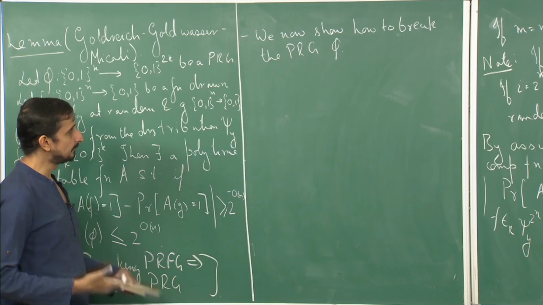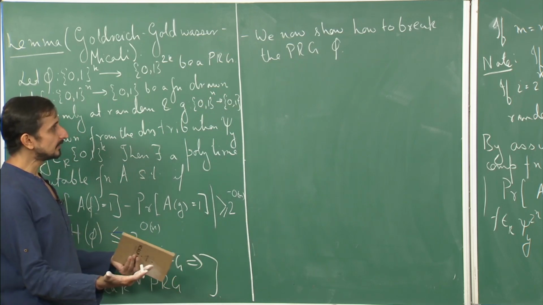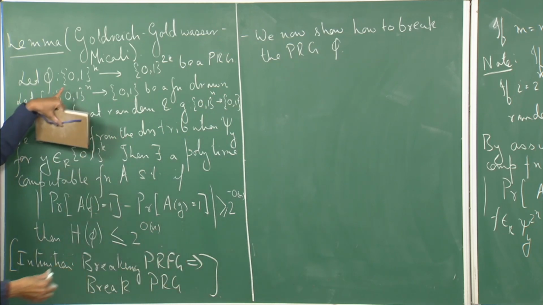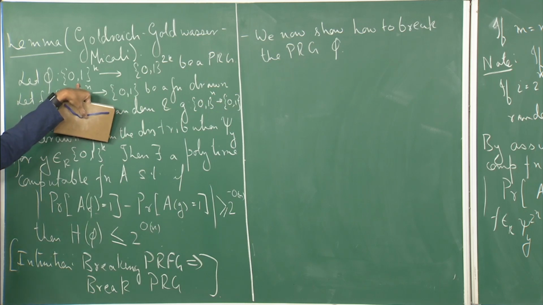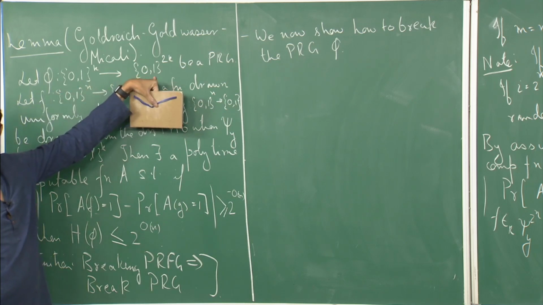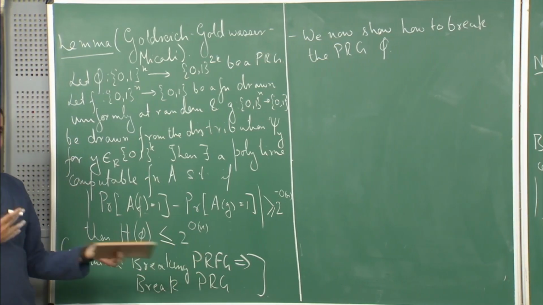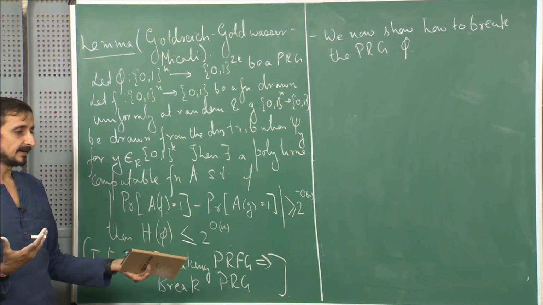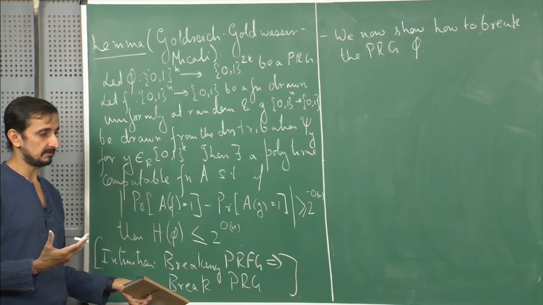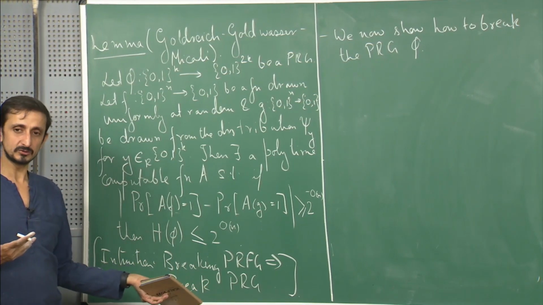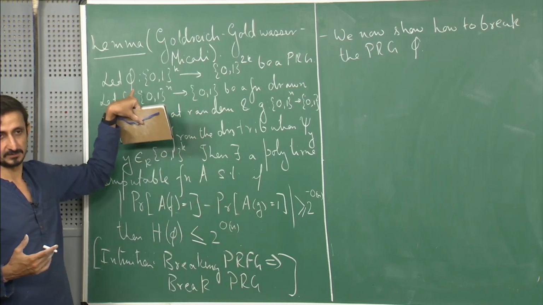What does it mean to say break the PRG? Essentially, the pseudorandom generator takes a string of length k and produces a string of length 2k. So if I am given a string of length 2k, I have to decide whether it is coming from a truly random distribution or it is coming from this distribution.